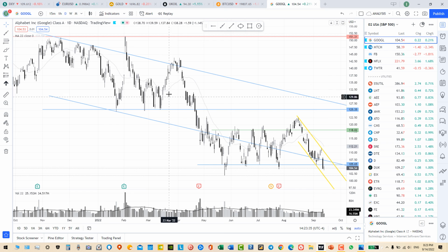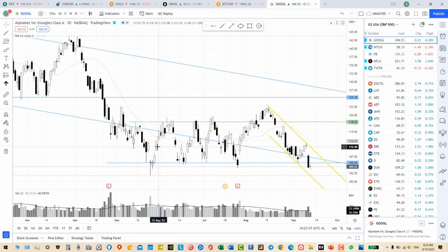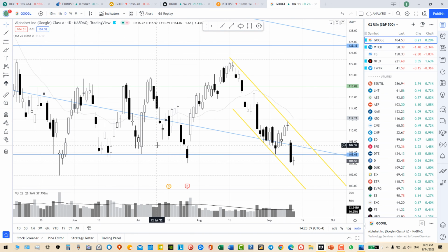So things are not looking good at all in Google, and of course this is due to the effect of the indices, which are all turning downwards and are all in a very bearish environment.